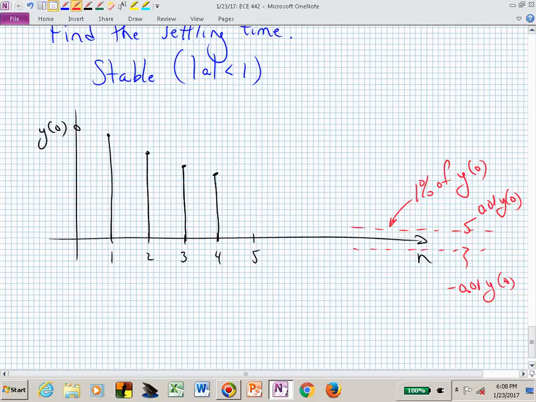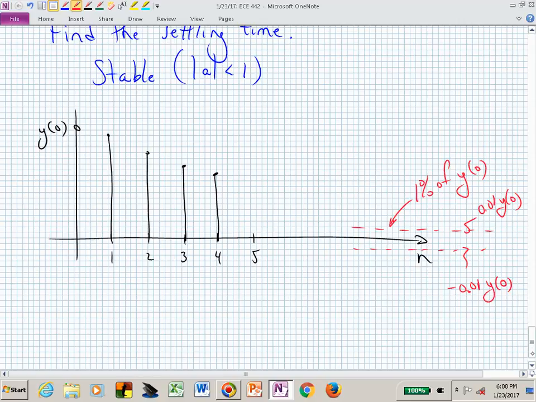It's first order. But if it was second order, it could be bouncing around positive and negative. And that's why I'm indicating this lower bound of minus 0.01 times y of 0. Is it clear what that 1% tube represents? You want to know at what little n we first come inside that tube? And that will be our settling time.